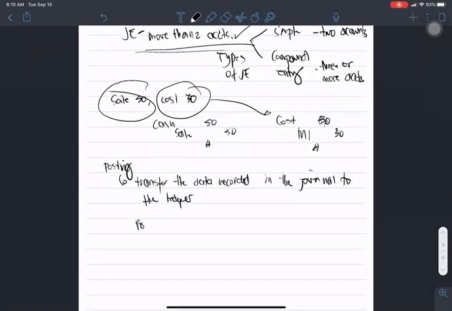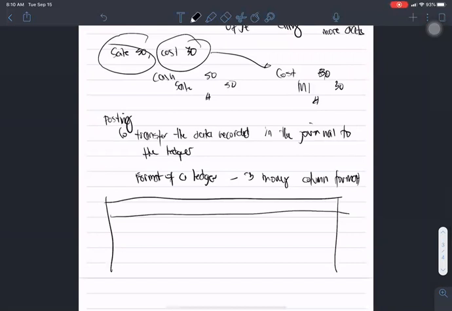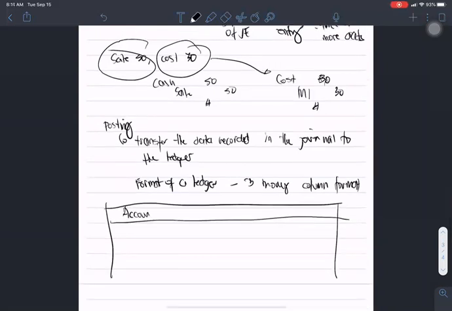So what is the format of a ledger? We have the three money column format. Here, this will be your account title, and then we have here your account number.